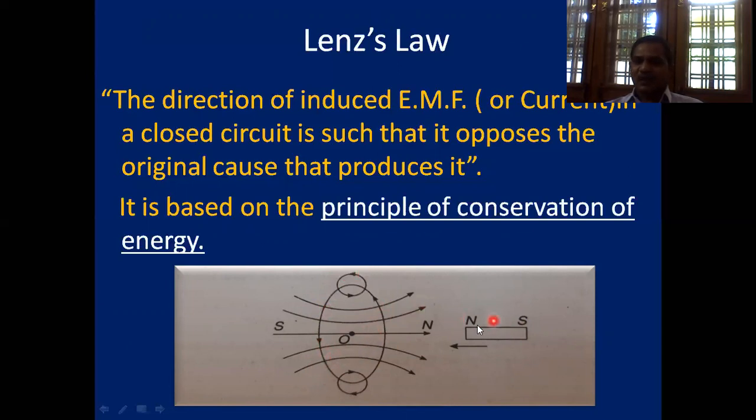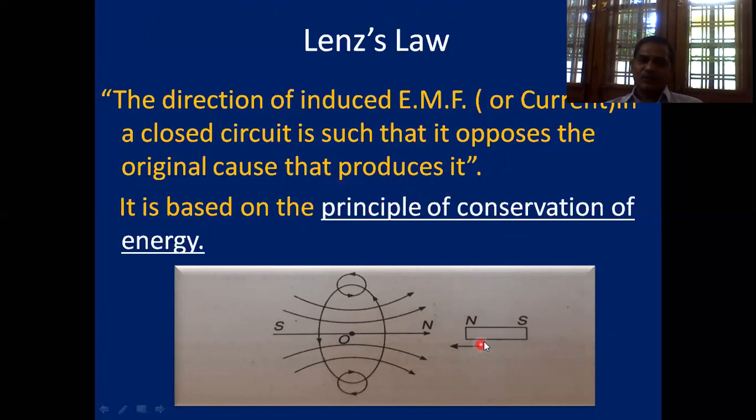Here, the face opposite to this north pole will act like a north pole. Since a similar pole is forming opposite to the north pole, it will repel the bar magnet we are keeping near it. So there will be a repulsion force between this closed loop and the bar magnet. Therefore, we say that the direction of induced EMF opposes the original cause that produces it.